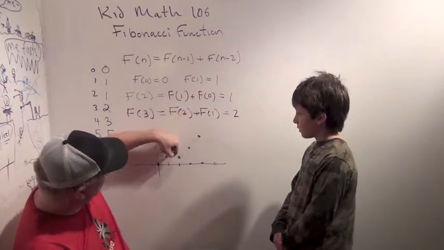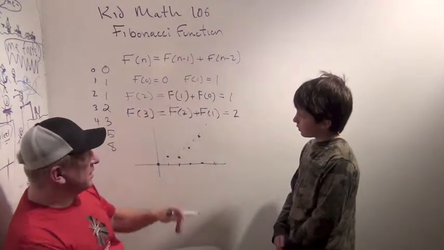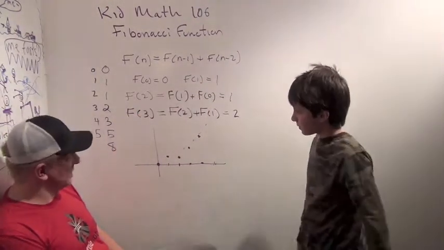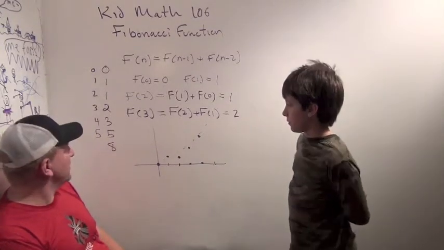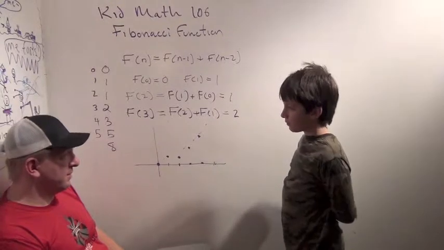We have something that's going up and up and up. It is going to go up more and more steeply. In fact, it looks like a special kind of function called an exponential function, and we'll talk about that tomorrow.